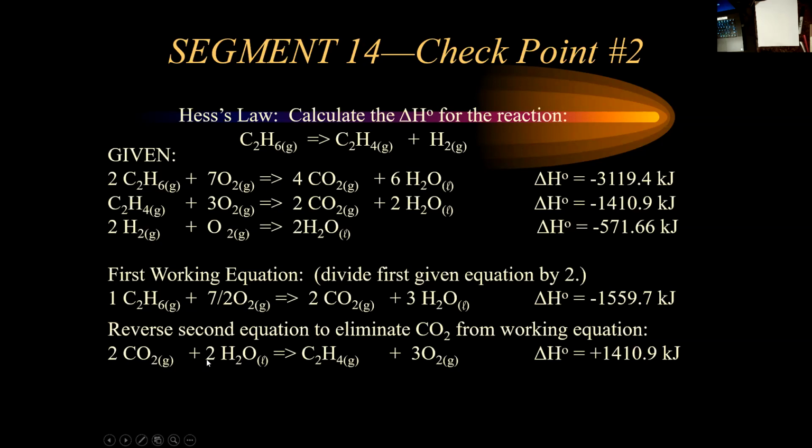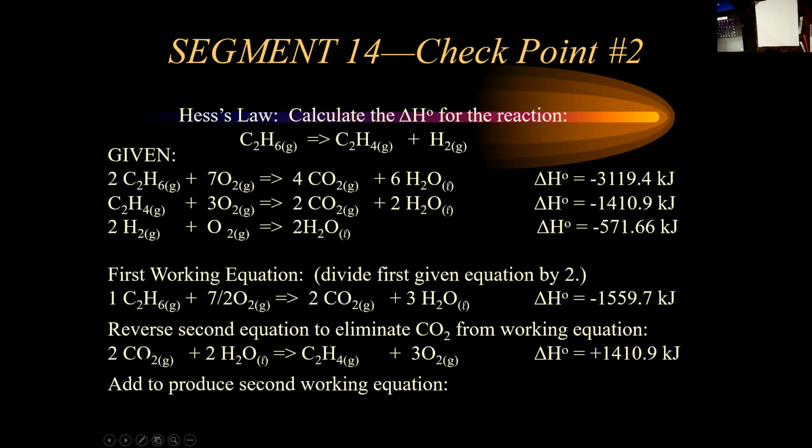And I want to use the second equation, this one, to get rid of the carbon dioxide that I have in this equation. This one's got 2 carbon dioxides. The second equation also has 2 carbon dioxides, but they're on the product side.